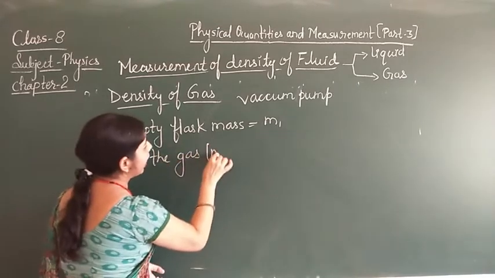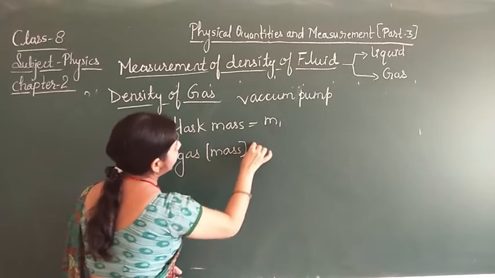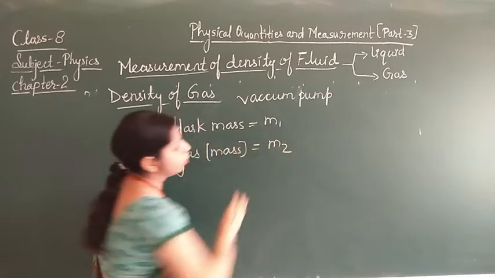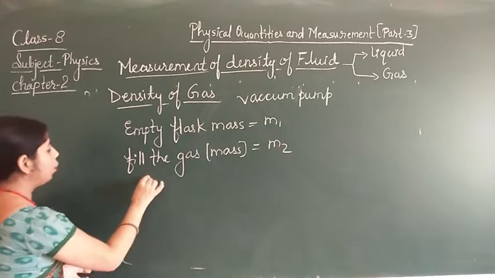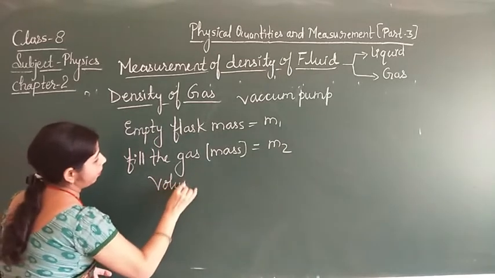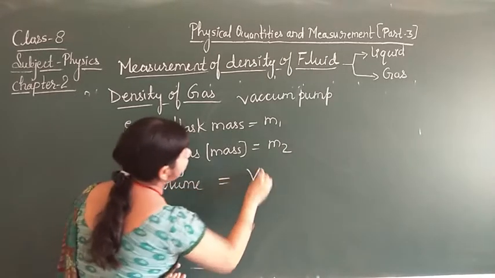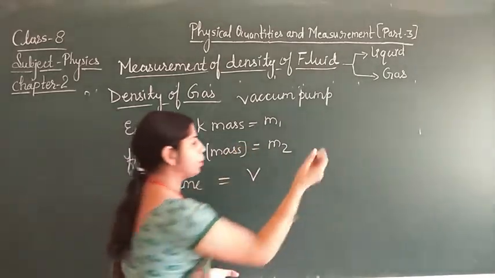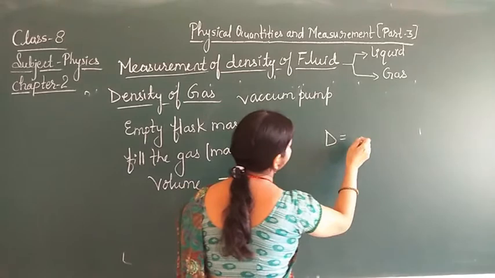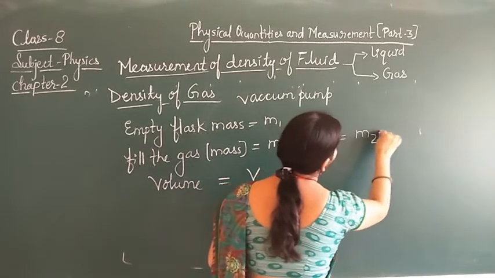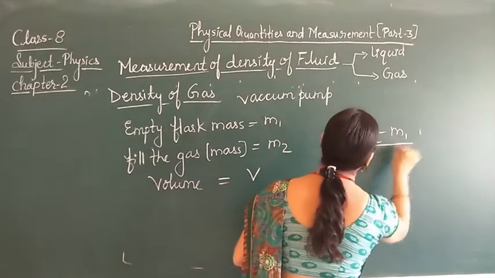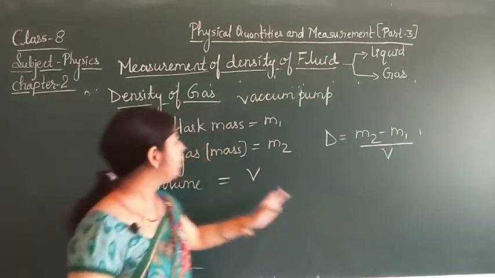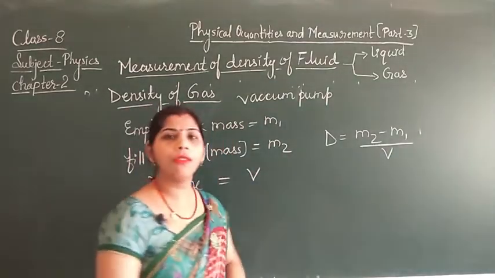After filling the gas, the mass will be m2 and the volume is V. Now that we have mass and volume, apply the formula, density is equal to mass, that means m2 minus m1, divided by V, and in this way we can measure the density of a gas.